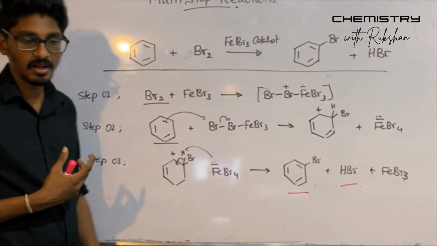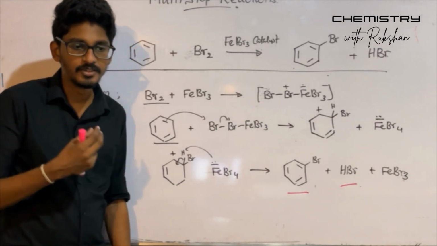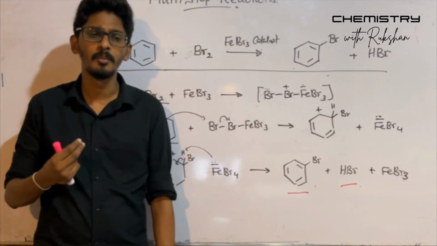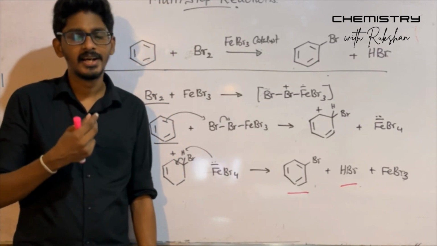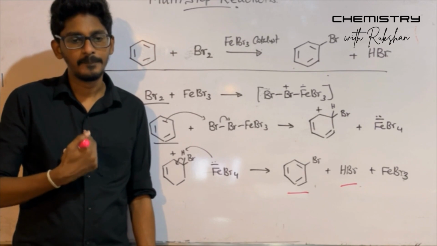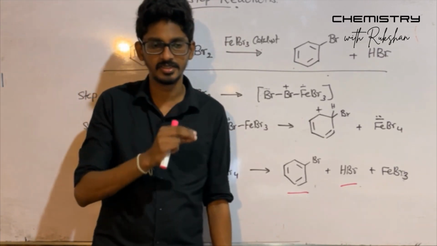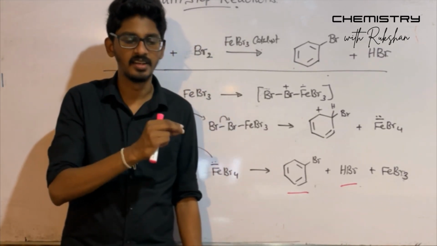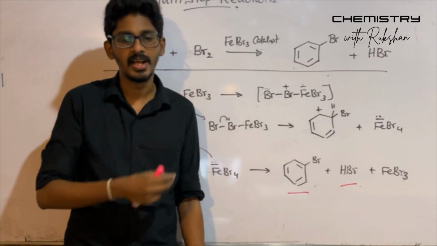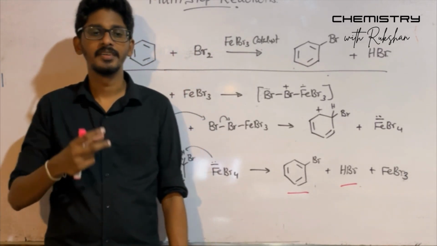Intermediates are the ones which form in a step, and in a later step will be totally consumed. So intermediates are the ones which form first and are consumed entirely at a later step. Those are the intermediates.